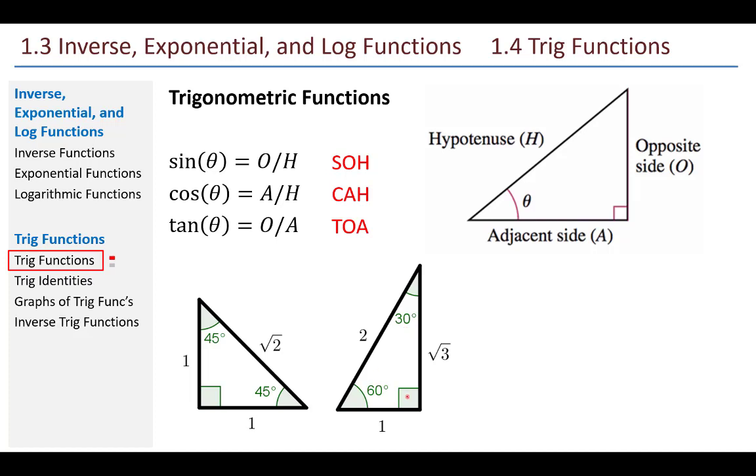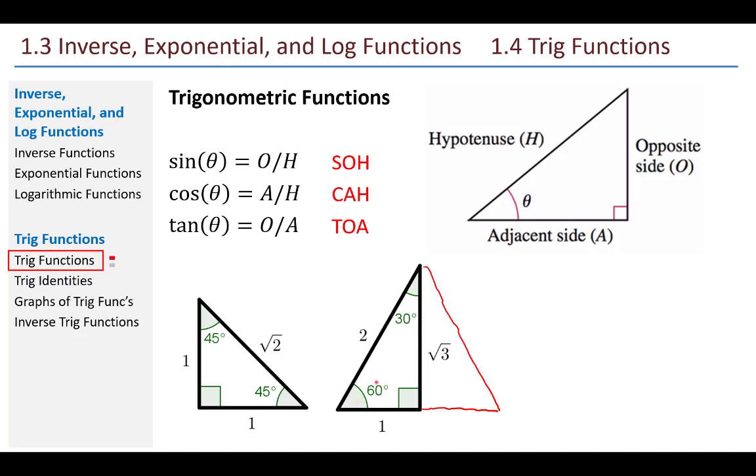The other common triangle is a 30, 60, 90 triangle. The short leg has length 1, and the hypotenuse has length 2, and the long leg has length square root of 3. The way I remember this is that the 30, 60, 90 triangle is really half of an equilateral triangle.